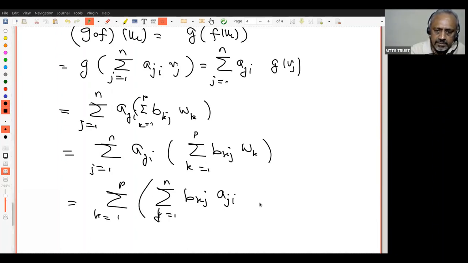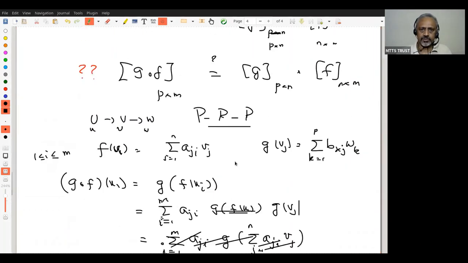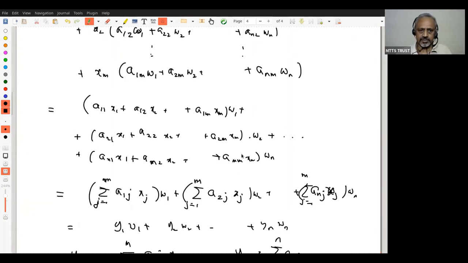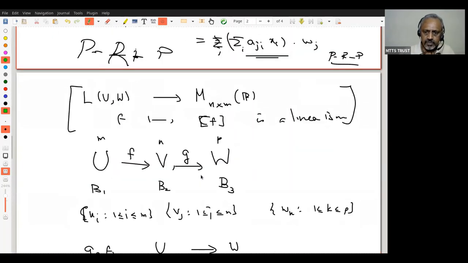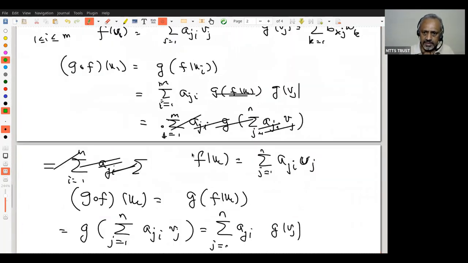You understand this? Check this if you want by using this kind of trick, and then you can add column wise. We had already seen it earlier.